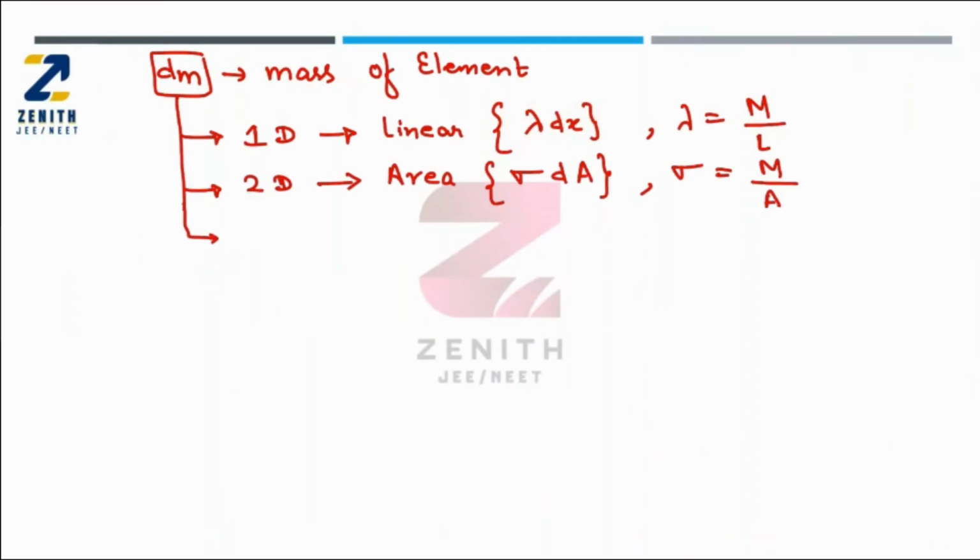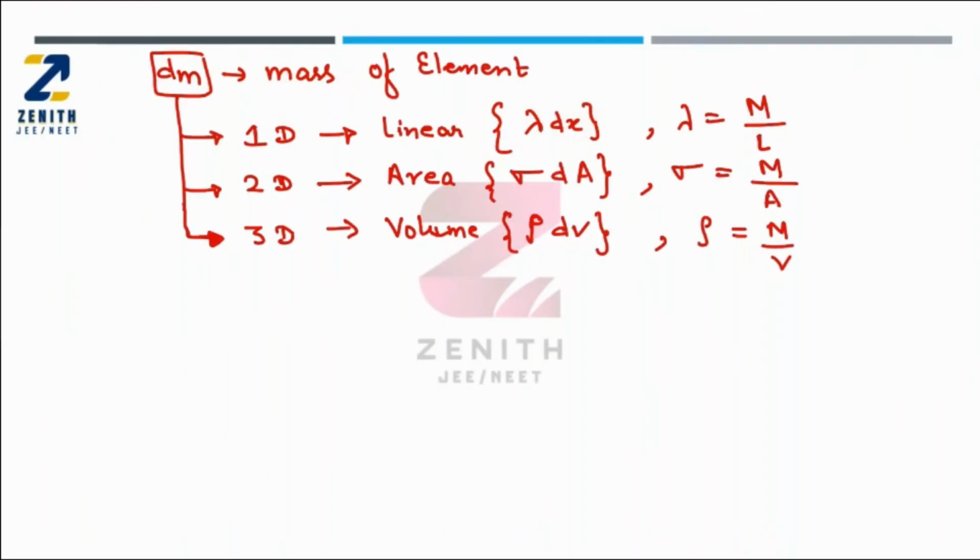In a similar manner, if any geometry is three-dimensional and contains a volume, it can be defined with the volume density rho: dm equals rho into dV, where rho is mass per unit volume.